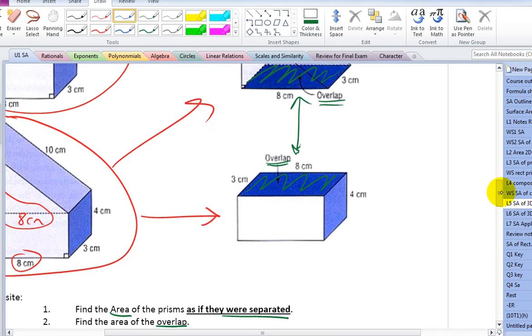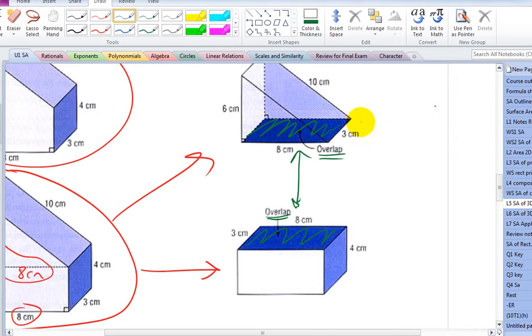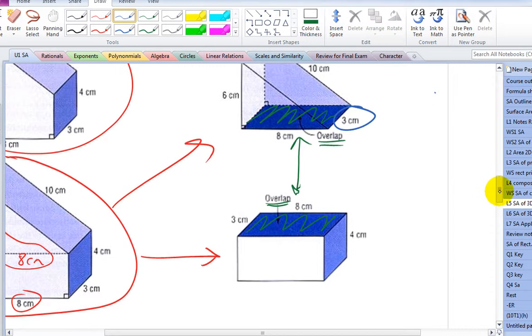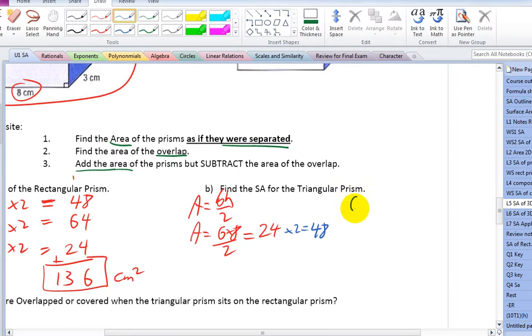So then we have rectangular bases, which all have 3 as their width. And so we're going to get a 6 times 3, 8 times 3, and a 10 times 3. And then you get the total.